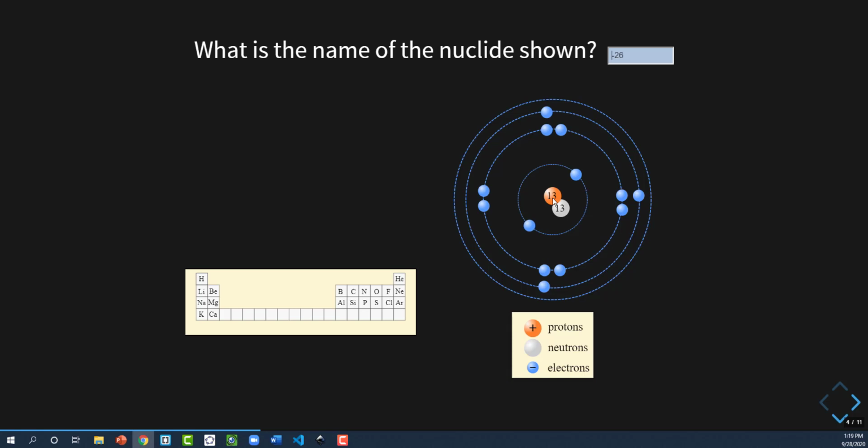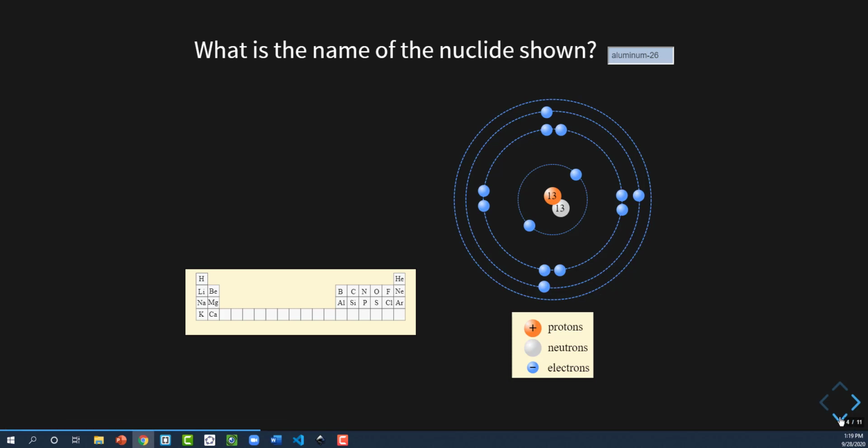So it's the 13th element in the periodic table. So let's see if we can figure it out. 1, 2, and then we go down 3, 4, 5, 6, 7, 8, 9, 10, 11, 12, 13. So it's Al, and I remember what that is. That's aluminum. So I know it's aluminum, and then followed by the mass number, 26.